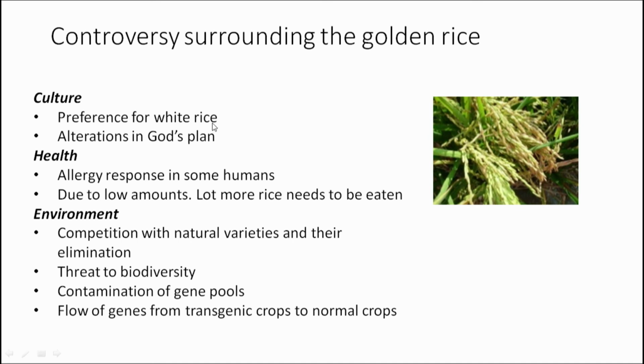Okay. So, they are not very accepting of this yellow rice. They still want to have the conventional white rice, and they believe that there should be no alteration in God's plan. God's plan was to make white rice. Why are we trying to make it into a yellow rice? So, culturally, there are people who are not very accepting of this.